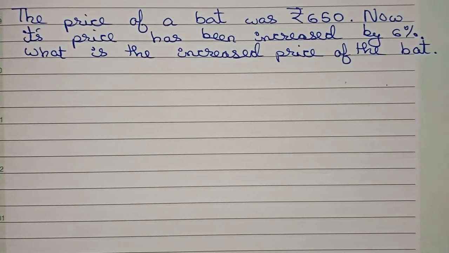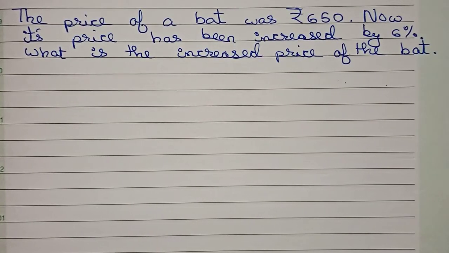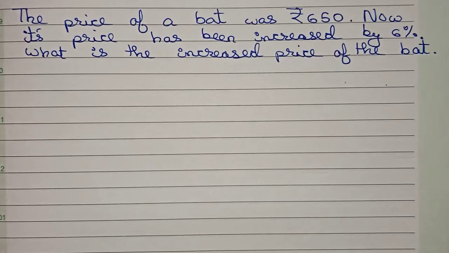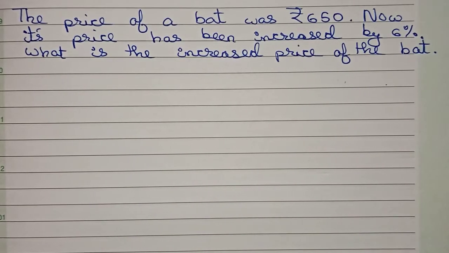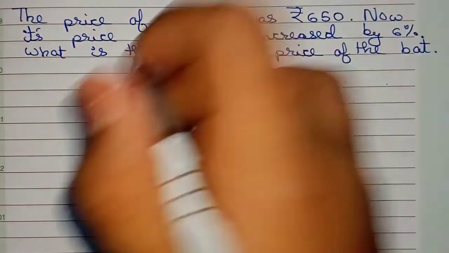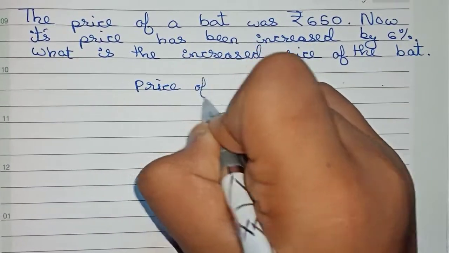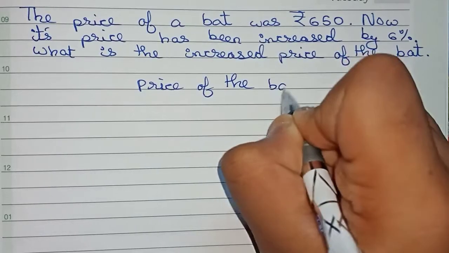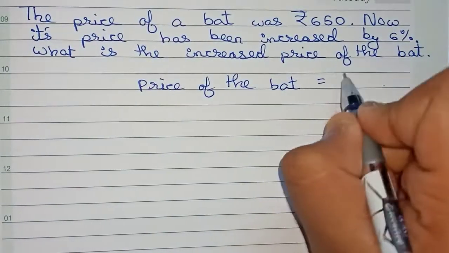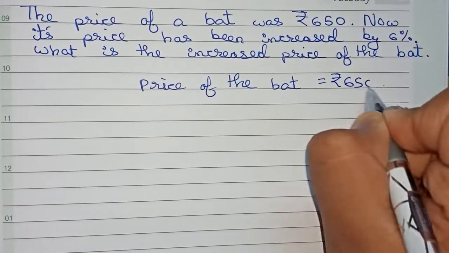Our next question is, the price of a bat was rupees 650. Now its price has been increased by 6%. What is the increased price of the bat? So this question is similar to the previous one, only here there is a difference in the price. So solve this. First we write price of the bat equals the original price which is already given, that is rupees 650.